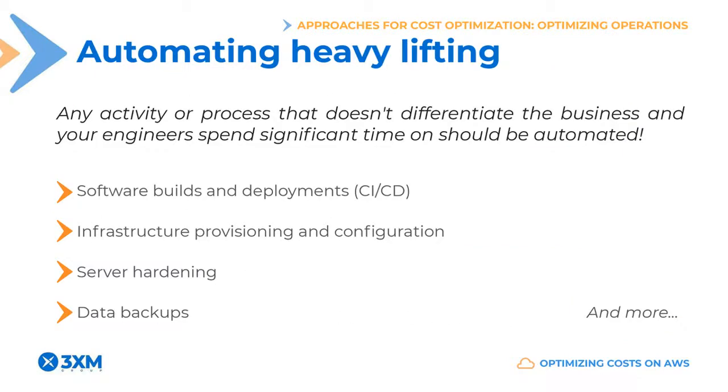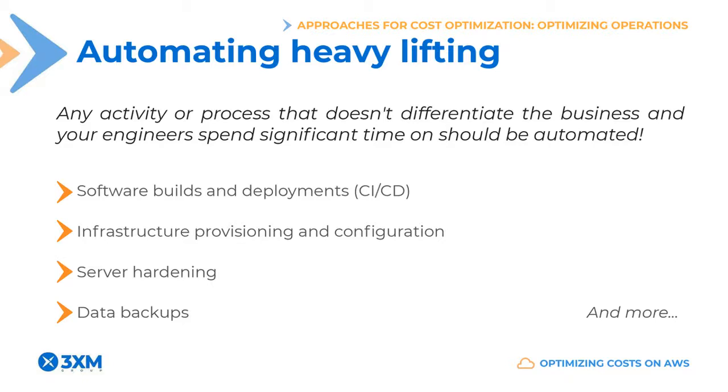Now, to wrap up this section, I want to highlight the importance of automation in general. So any activity or process that doesn't differentiate the business and your engineers spend significant time on should be automated. Things like software builds and deployments. Think about continuous integration, continuous delivery, continuous deployment, infrastructure provisioning and configuration, server hardening, data backups, and more.